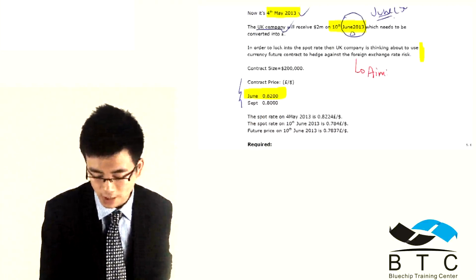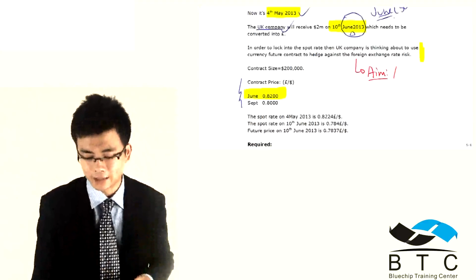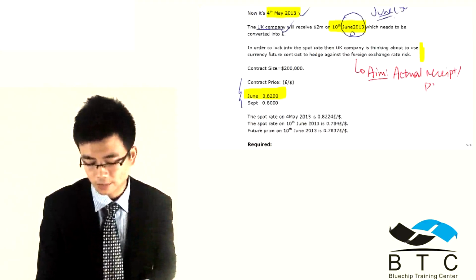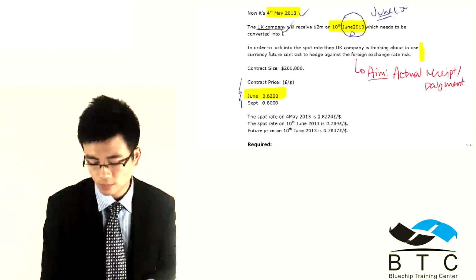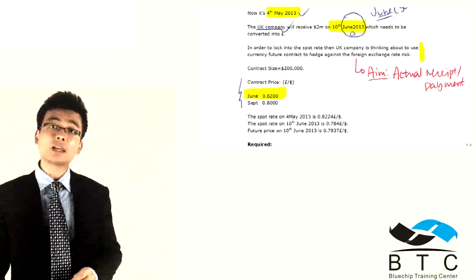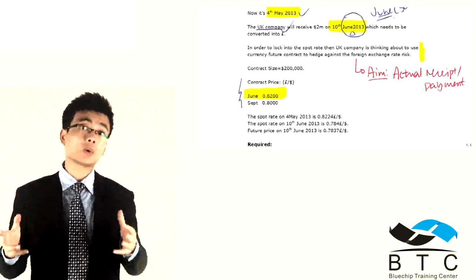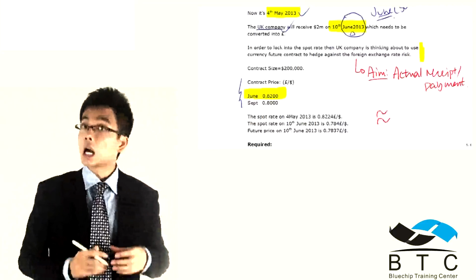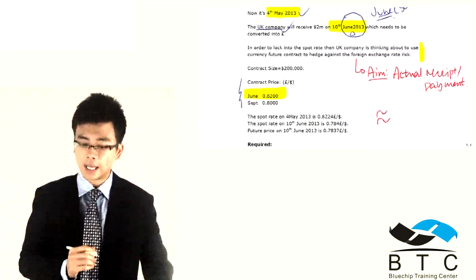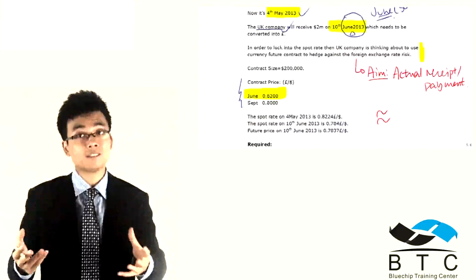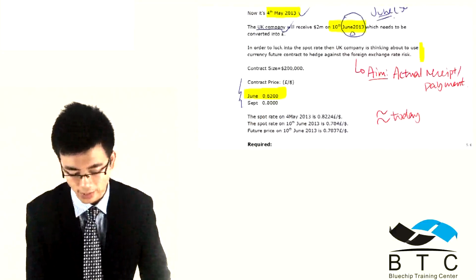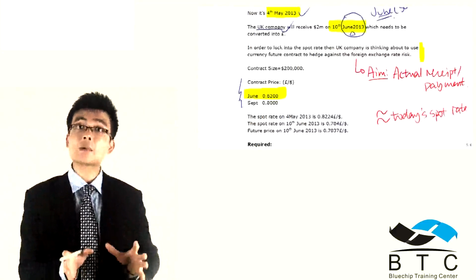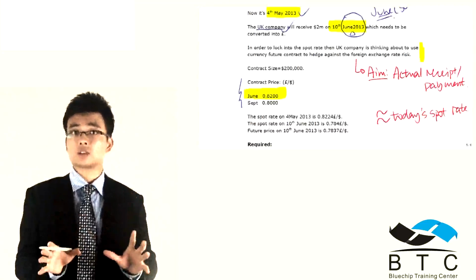The aim of that is that we need to make the actual receipts of payment, by entering into the futures contract and considering the futures spot rate, approximately equal to the receipt to payment if we were to convert that using today's spot rate. So this is the aim of the futures contract.